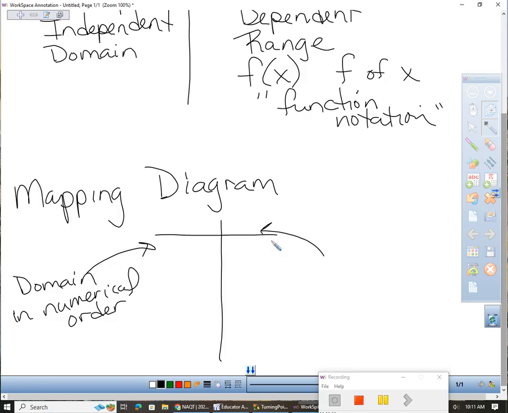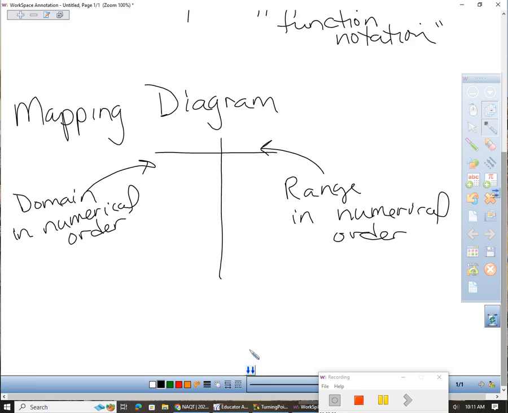And it lists your range on this side in numerical order. And then once we have them listed in numerical order, we're going to do what we call connect the dots.